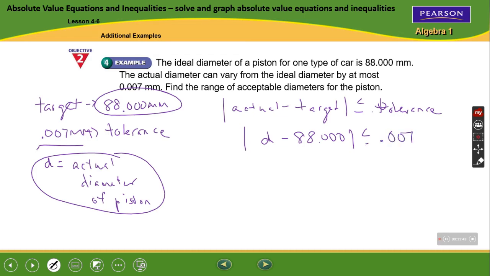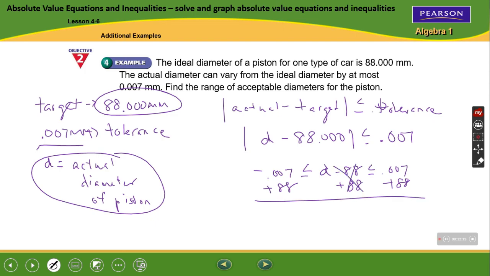So once we have that, we can solve it just kind of like the last one. We can get rid of the absolute value. We can put negative 0.007 over here, less than or equal to D minus 88. I'm going to drop those extra zeros. And now we just solve it with one step. Plus 88, plus 88, plus 88.